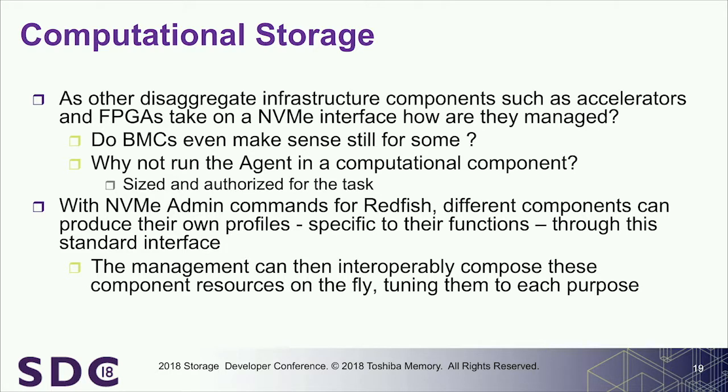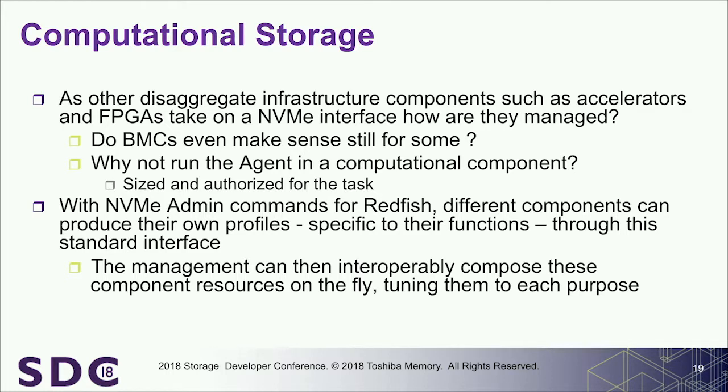Speaking of which, the whole approach is you're disaggregating components of a server or a hyperconverged thing. It's like hyperconverged took the pendulum all the way to its extreme, and it's starting to swing back the other way, right? And so if they use an NVMe interface, how are they going to manage, right?